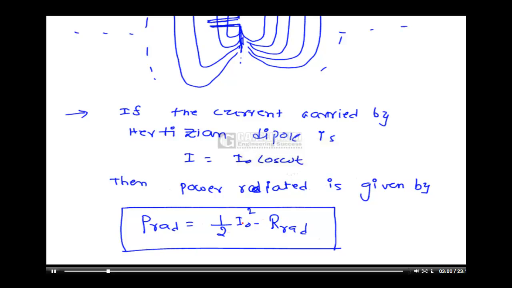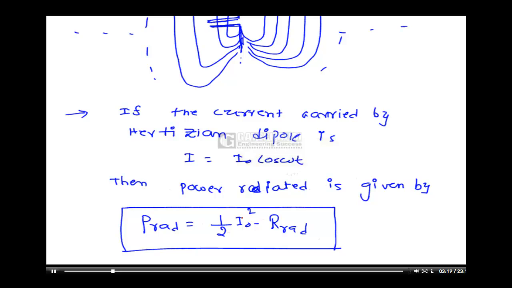All the points we mention in this antenna concept are important, because we are discussing only the conclusion points. So the power radiated is half into I naught square R radiated.